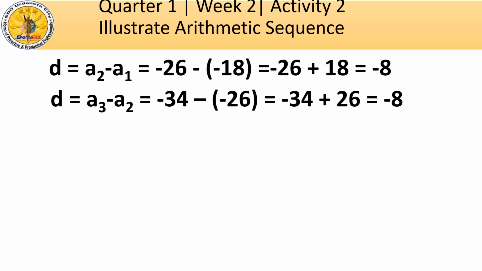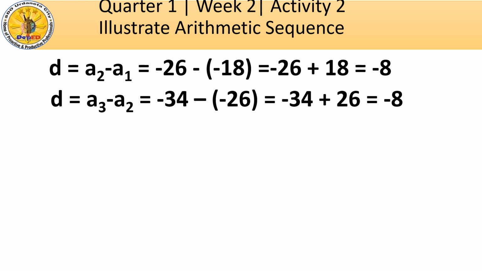Next, a sub 3 minus a sub 2 is equal to negative 34 minus the quantity negative 26, is equal to negative 34 plus 26. So, unlike signs, 34 minus 26 is equal to 8.